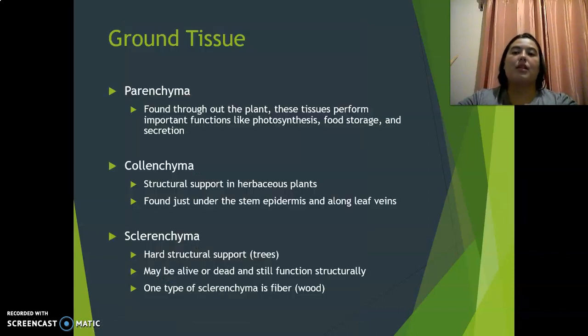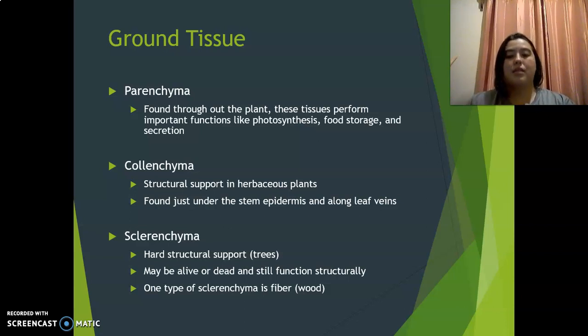And in the ground tissue we have parenchyma, collenchyma, and sclerenchyma. The parenchyma forms throughout the plant. These tissues perform important functions like photosynthesis, food storage, and secretion. The collenchyma provides structural support in herbaceous plants, found just under the stem epidermis and along leaf veins. The sclerenchyma have structural support like trees and may be alive or dead and still function structurally.